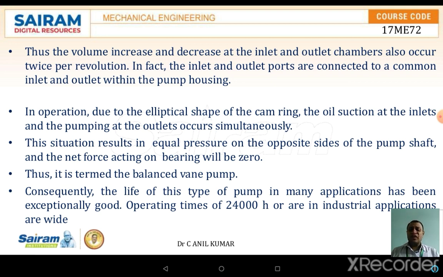But these two are placed diagonally opposite. In one portion, the inlet is taking place at one diagonal end, and the outlet is taking place at the other. This situation results in an equal pressure on the opposite side of the pump.